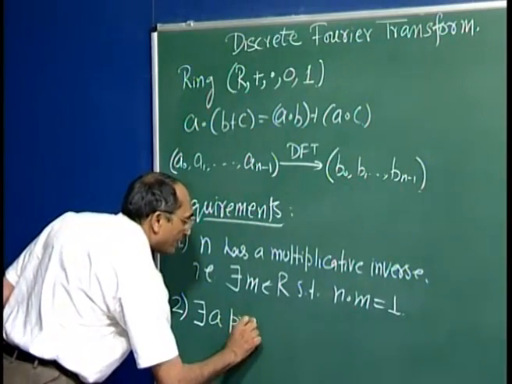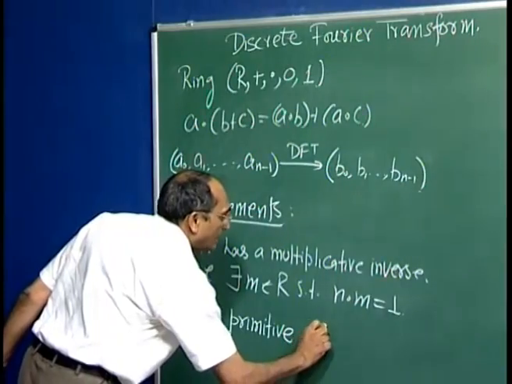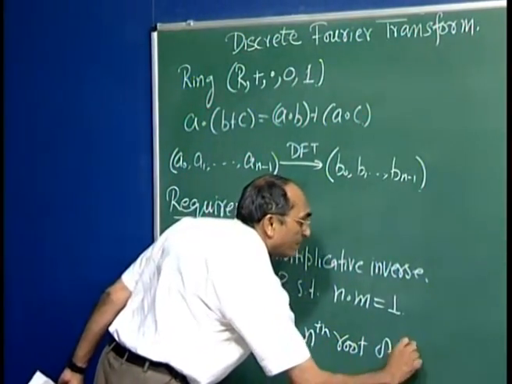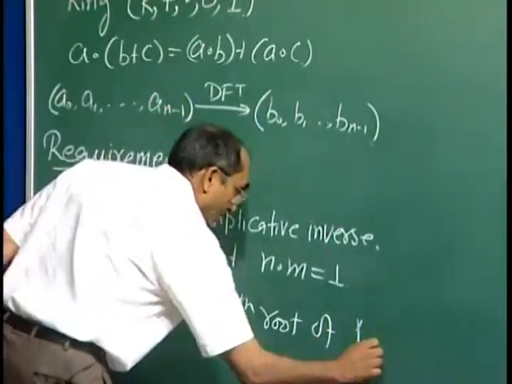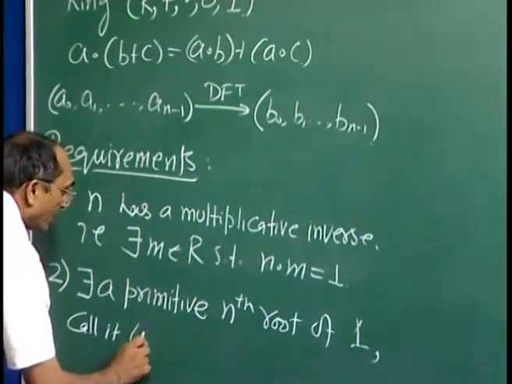primitive nth root of unity of 1, call it omega.